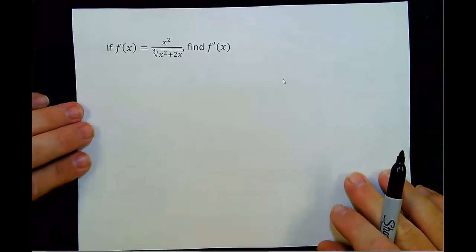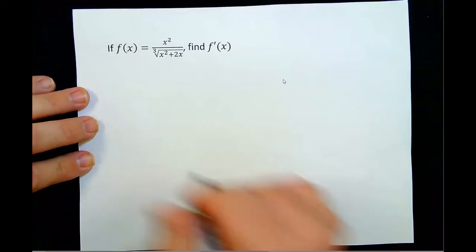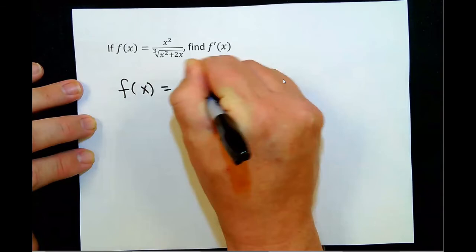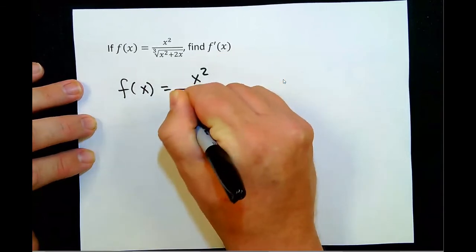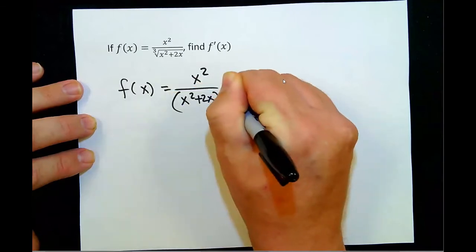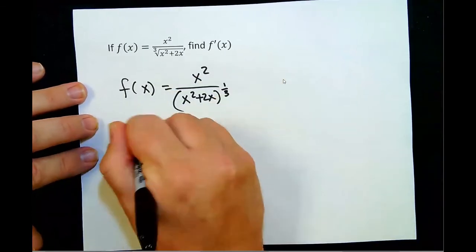All right. So since we just did one with product rule, we'll obviously do one with quotient rule. Once again, I'm going to rewrite this the same way. It's to the 1/3 power. And then I'll do quotient rule.